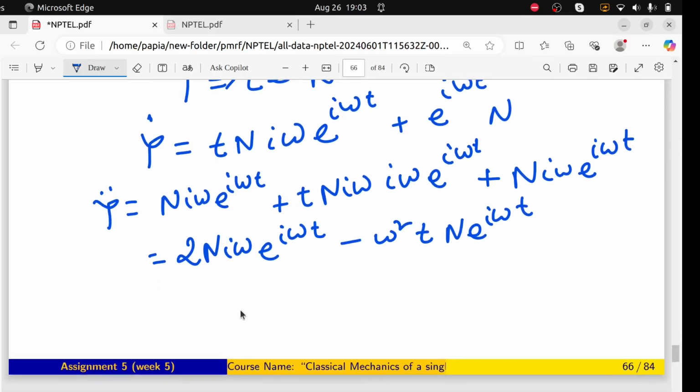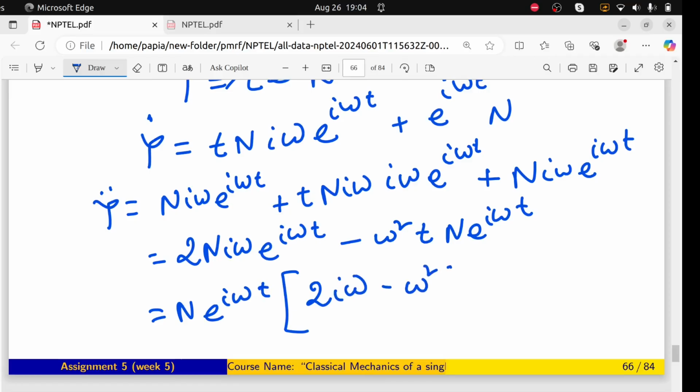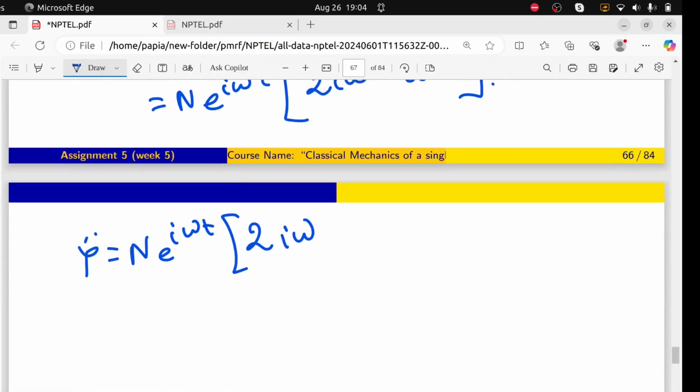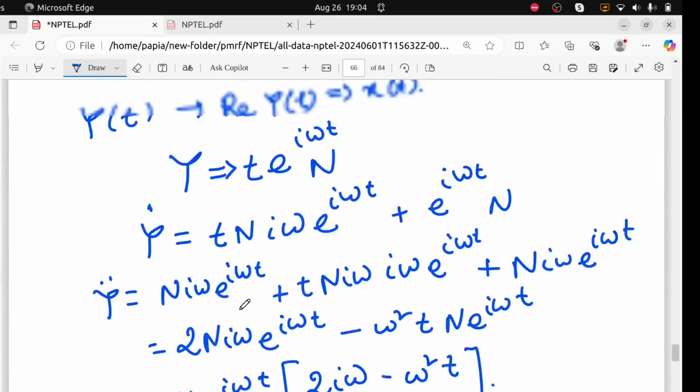I can write n e to the power i omega t common, then 2 i omega minus omega square t. So this is y double dot.